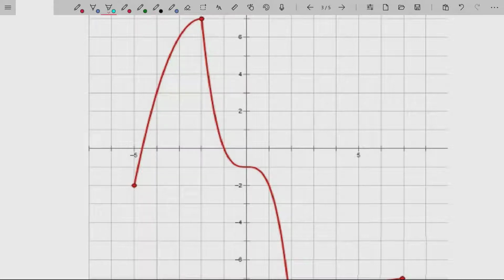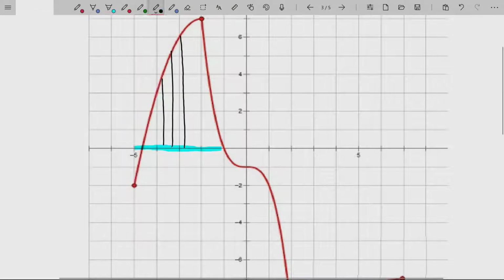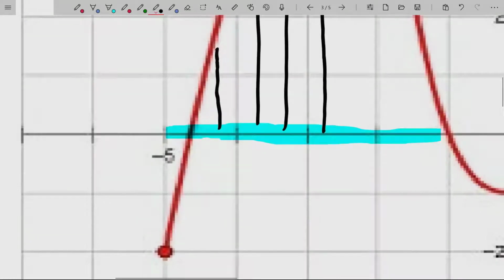As I'm shading this x-axis, I'm shading it because above where I'm shading, the function exists. The function exists there, the function exists there. And I can continue shading all the way over to this point right here. And again, it's because the function exists above, and then over here I shaded because the function again exists below, all the way down to that point right there.